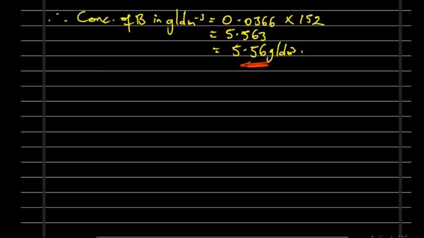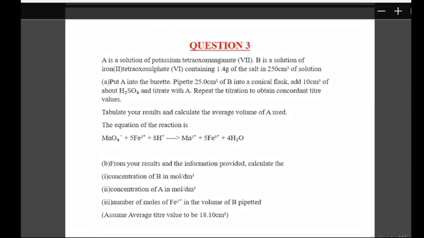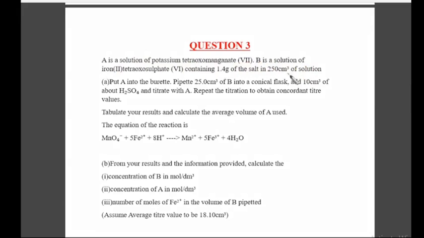So let us move to the next question, which is question 3. Question 3 there says A is a solution of potassium tetraoxomanganate, B is a solution of iron 2 tetraoxosulfate containing 1.4 grams of salt in 250 centimeter cube of solution. We titrate 25 centimeter cube, and we use 10 centimeter cube of dilute H2SO4.